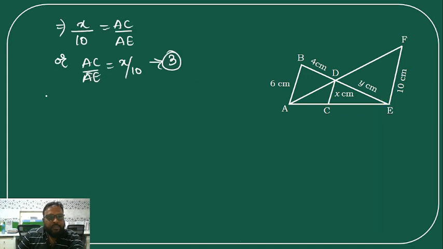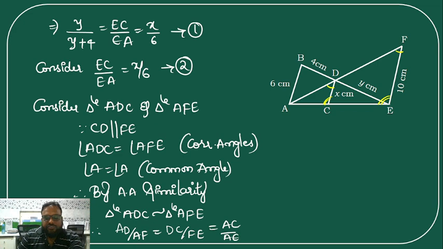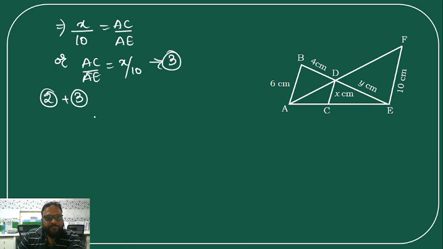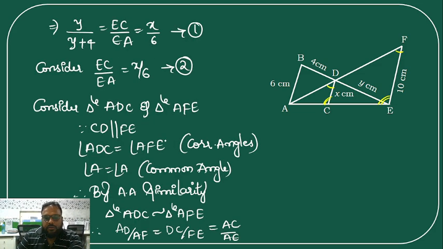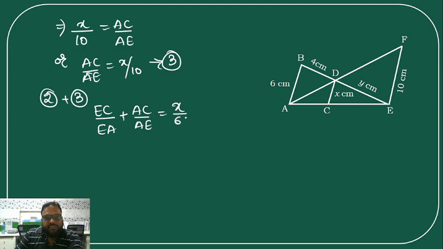On adding, equation 2 is EC by EA, so EC by EA plus AC by AE is equal to X by 6 plus X by 10. Here it is EA or AE, doesn't make any difference, so write AE here.